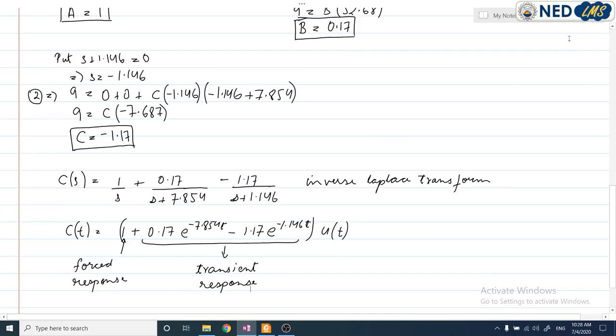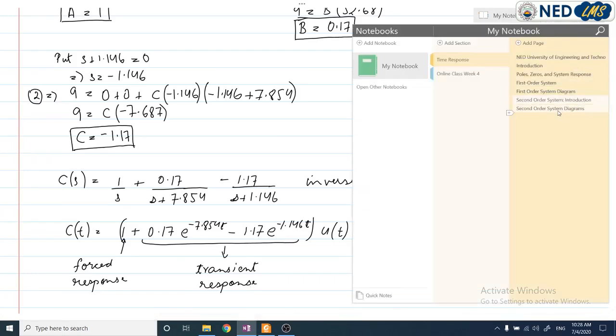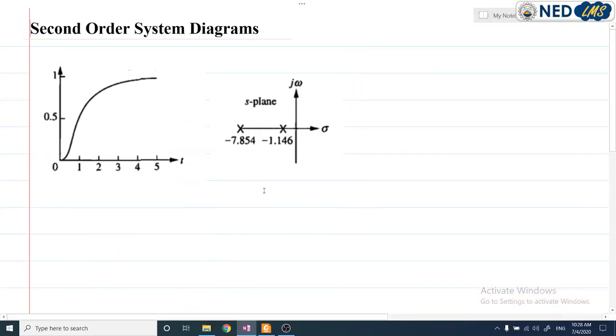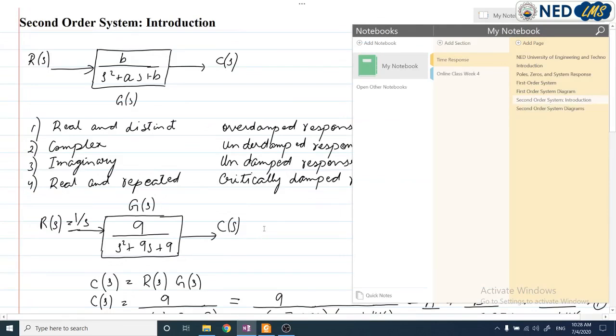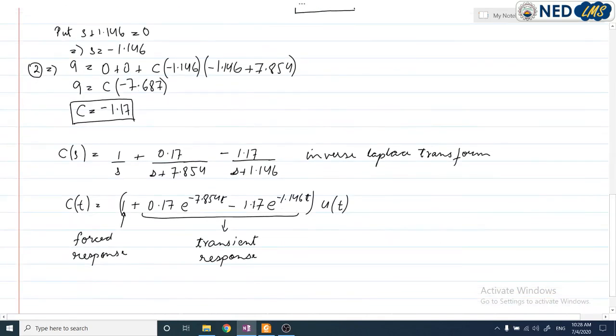We can see in the picture here that the values of poles are minus 7.854 and minus 1.146. So the value of poles is basically responsible for the power of these exponential terms.